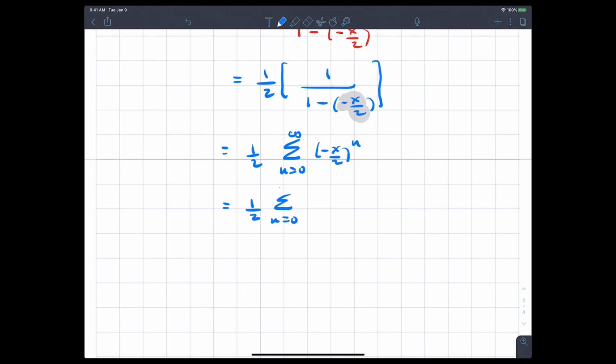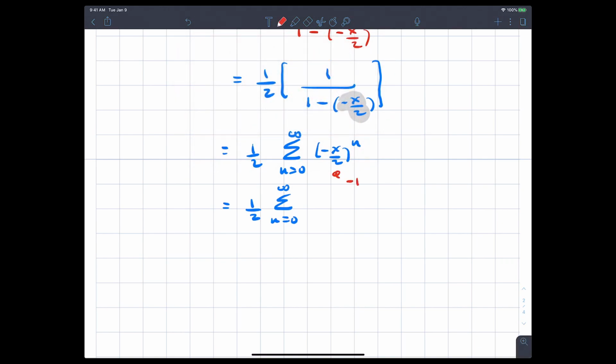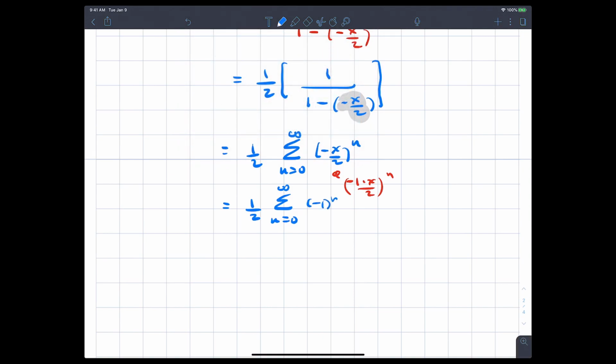And you say 0, infinity. Now we're going to do the same kind of algebra here. I'm just going to look at this as -1 times x over 2, and that's going to be to the nth power. So you're going to end up with -1 to the n, x to the n over 2 to the n by properties of exponents.